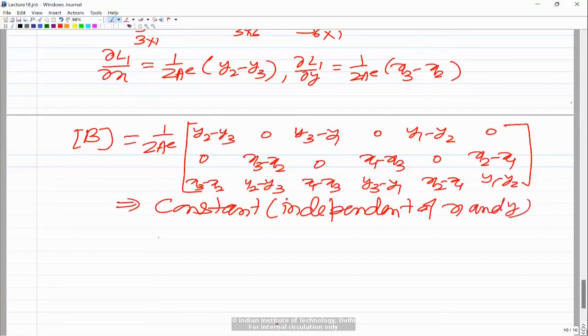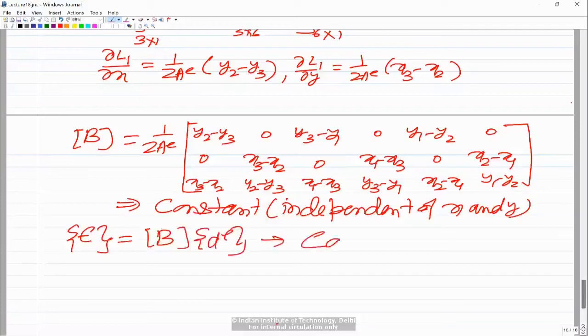Now when you look at the strain, epsilon is equal to B into dE. dE is anyway a constant quantity, that is the values of displacements at node points. So this will give you the constant strains within the element.